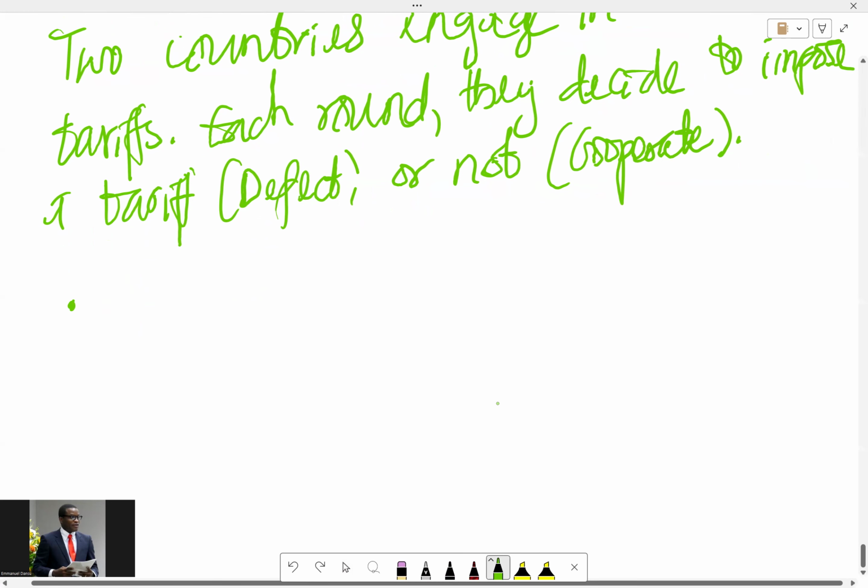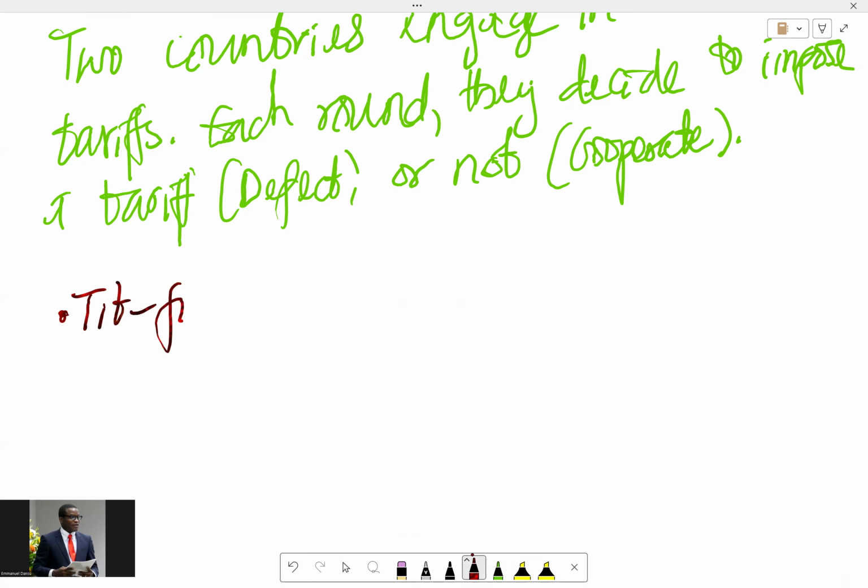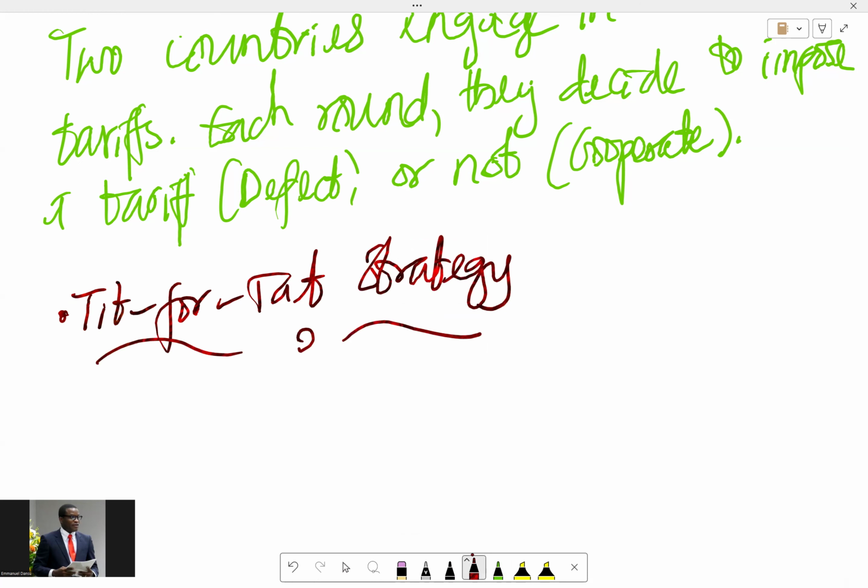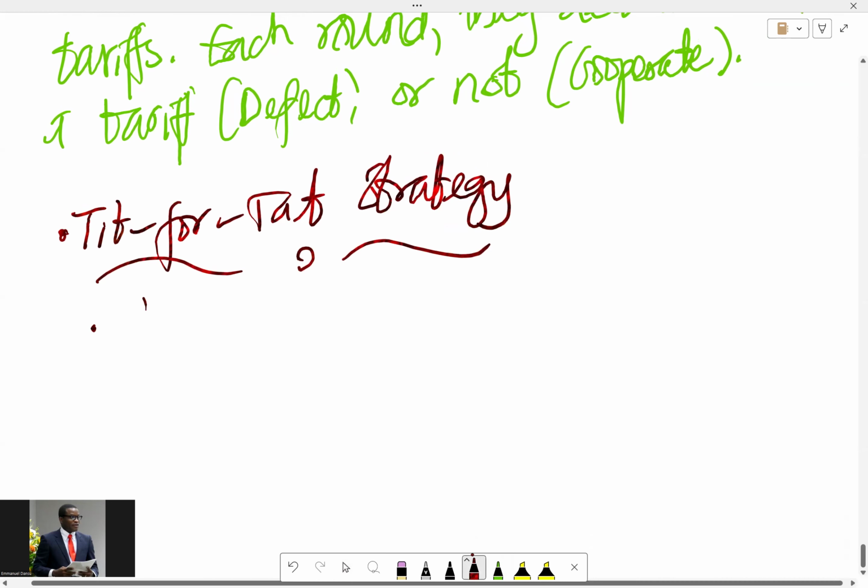So we can see what happens there. It happens that the tit for tat strategy leads to the fact that they start cooperating.